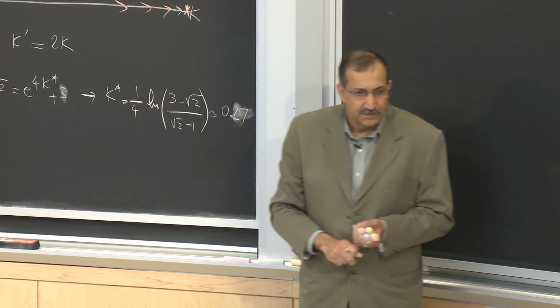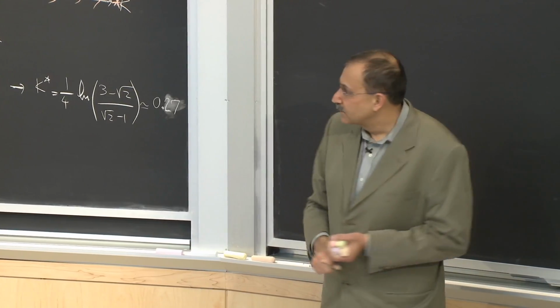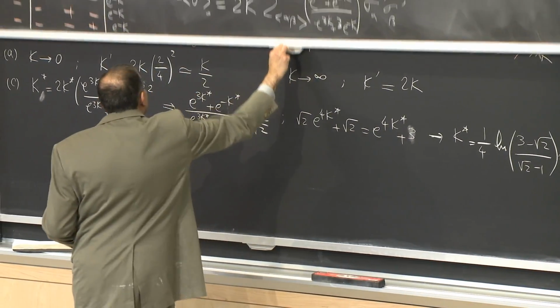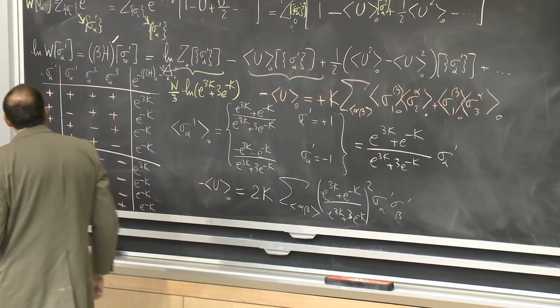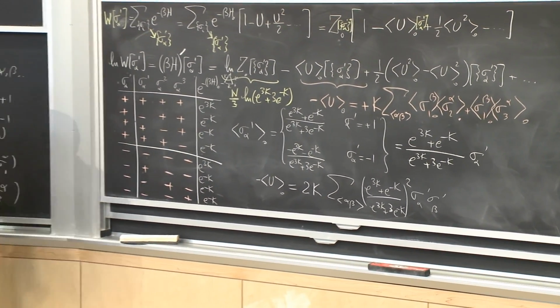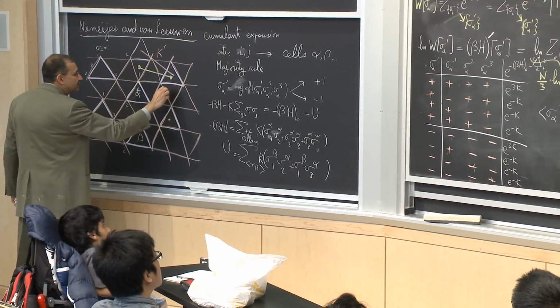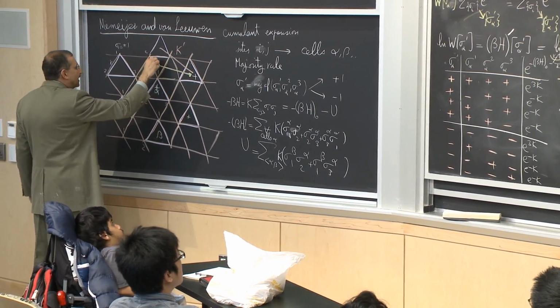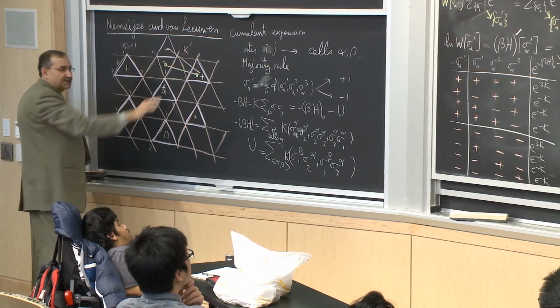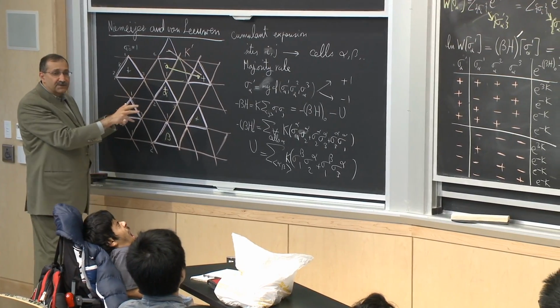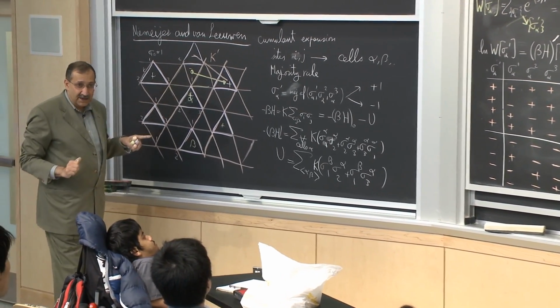Yes? Can you explain again how we got the K prime equation? Okay. So I said that I have some configuration of the cell spins. Let's say the configuration is plus, minus, plus, whatever, some configuration. Now there are many configurations of side spins that correspond to that.